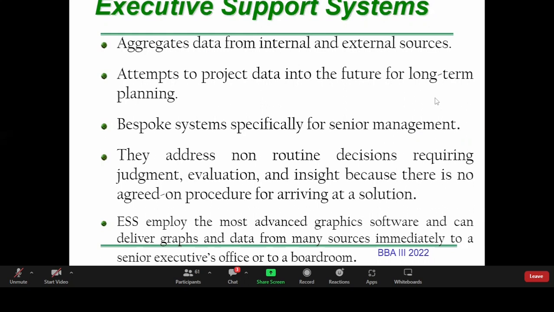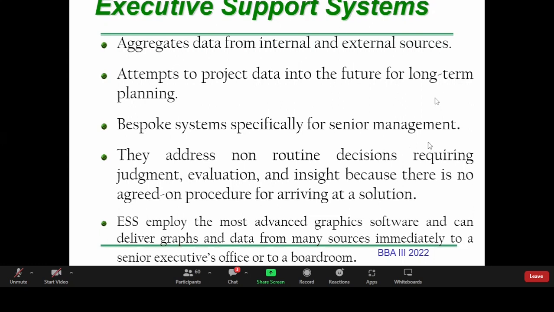Take an example of a bank. You have a marketing department, you have an operations department, you have human resource, you have loans, whatever you want to call them. But the person at the top would like to see the performance of all those departments in just a go. That's where executive support systems come in to help.